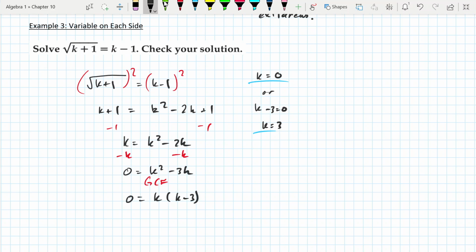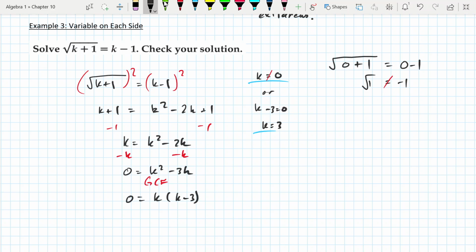Let's go ahead and give them a check. The square root of 0 plus 1 equals 0 minus 1. Well, 0 plus 1 is 1. The square root of 1 is not -1. So k cannot equal 0 because it has to be the principal root, or positive.